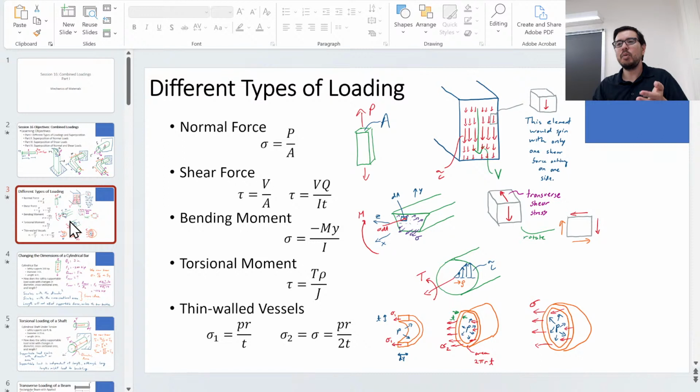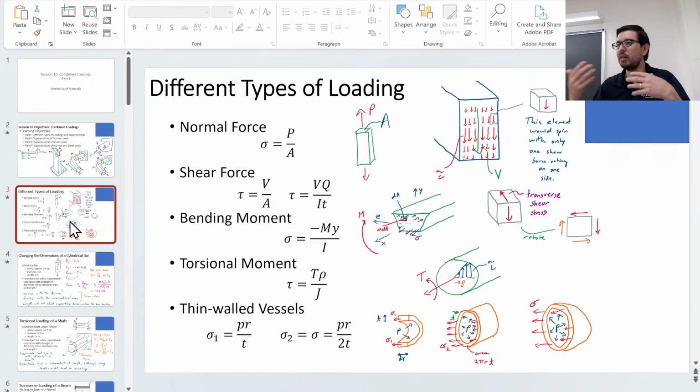So we can only combine normal and normal stresses, and we can only combine shear and shear stresses. And in both cases, knowing the direction of those normal stresses and shear stresses is also very important, because you're not going to combine directly.